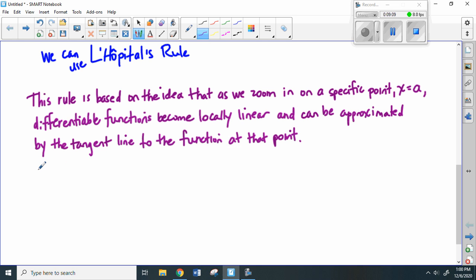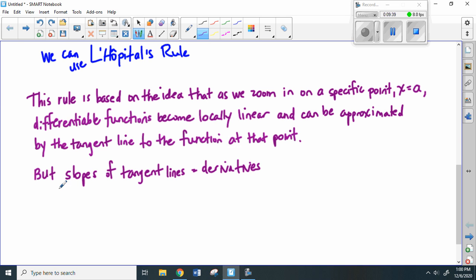Remember, slopes of tangent lines equal derivatives. You'll see where I'm going here in just a second.